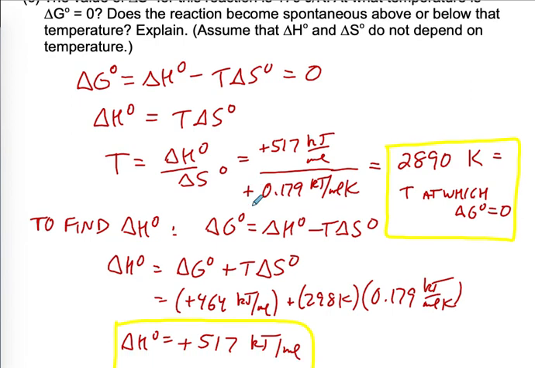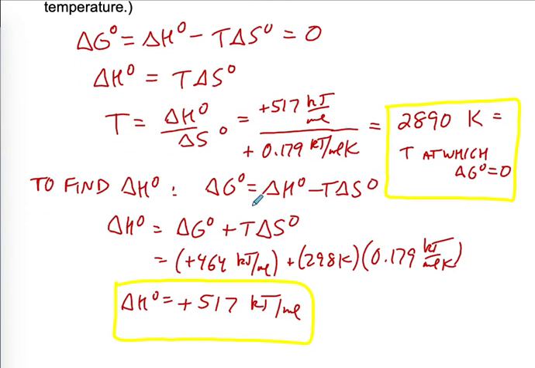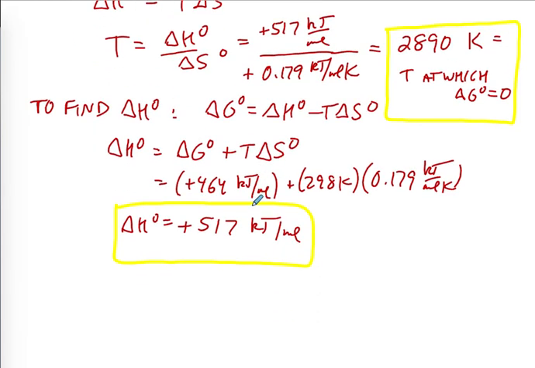So that temperature of 2,890 Kelvin can be thought of as the tipping point at which the reaction goes from being non-spontaneous to spontaneous.